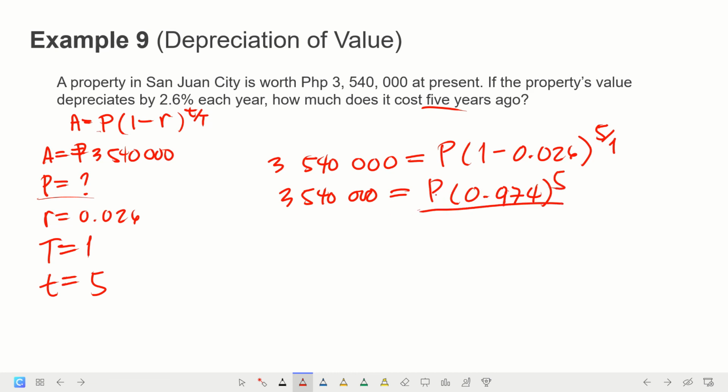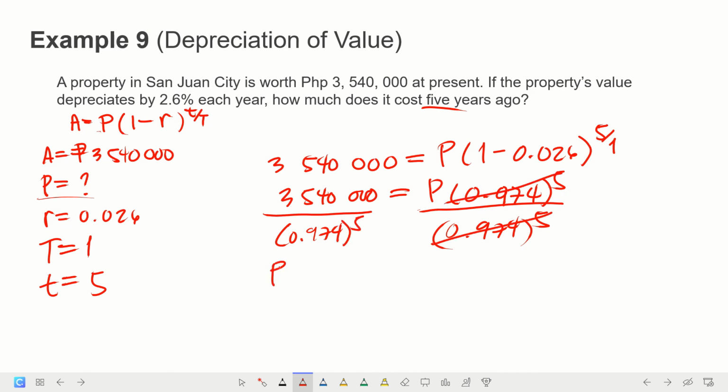Okay, so divide both sides, so that we eliminate this and isolate P, the principal value. So divide both sides by 0.974 raised to 5, so that we eliminate it.